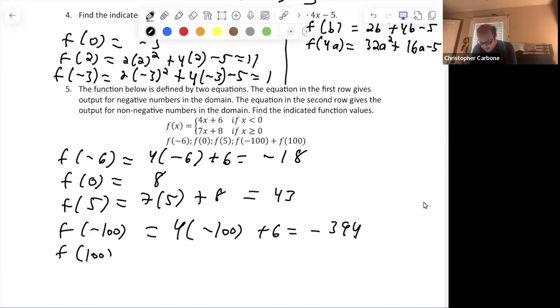F of 100 will be 7 times 100 plus 8. So 700 plus 8, 708. And we want to add these two together. So doing so should make 314, when we add these two values together.